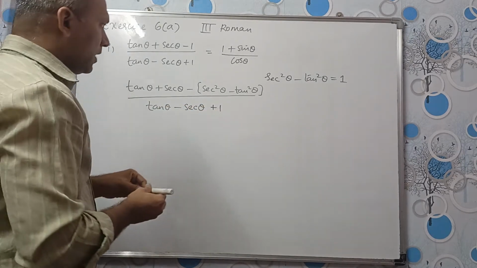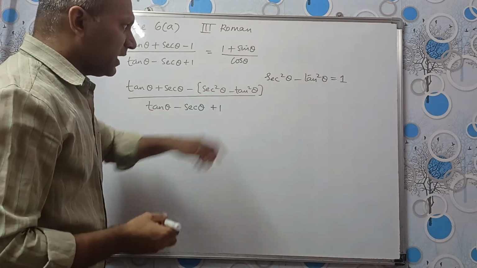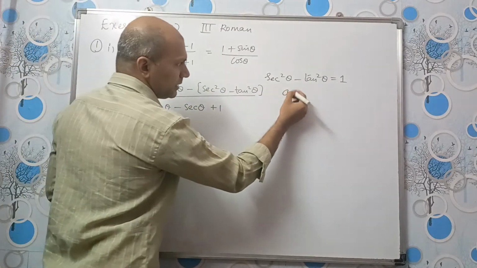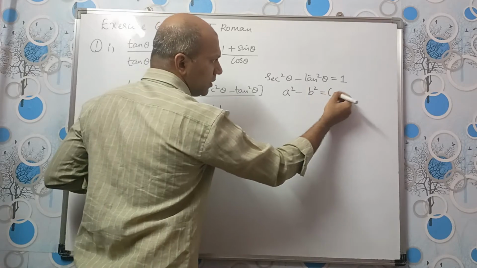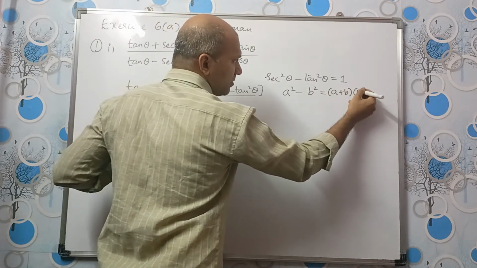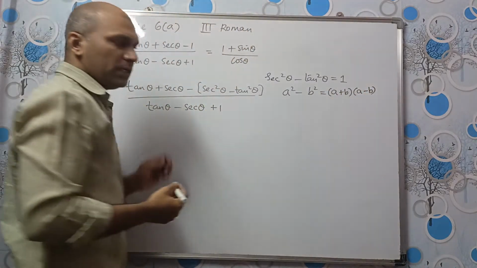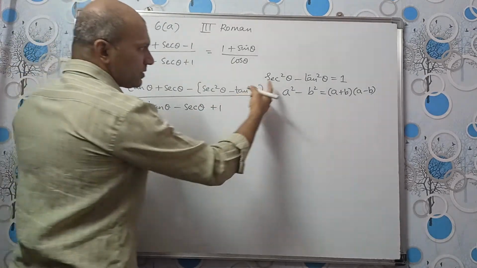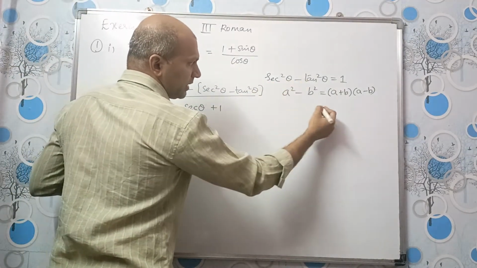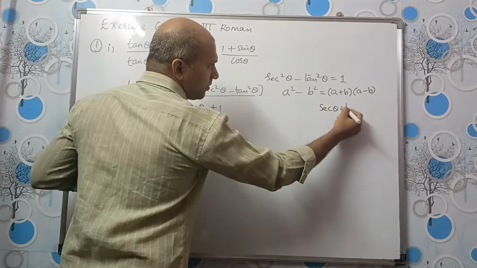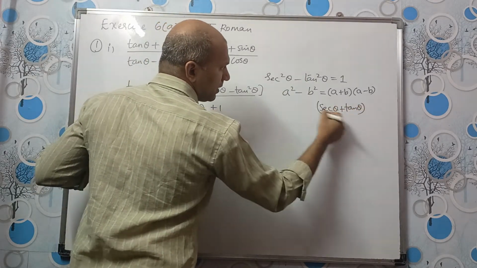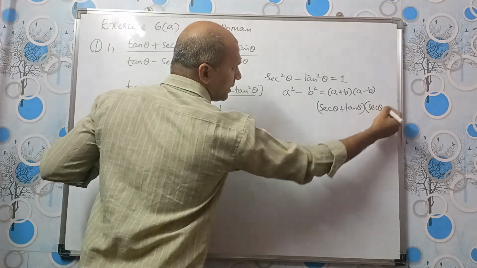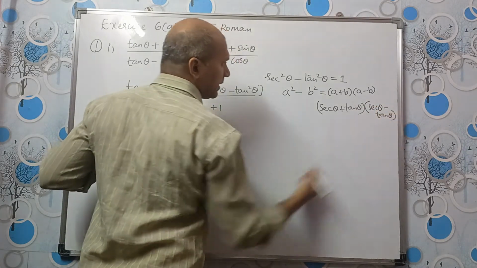Okay, now this is a square minus b square form, isn't it? See, this is a square minus b square. We can write it as (a plus b) multiplied by (a minus b). Okay, so in the same way, secant square minus tan square we can write it as secant plus tan and secant minus tan.